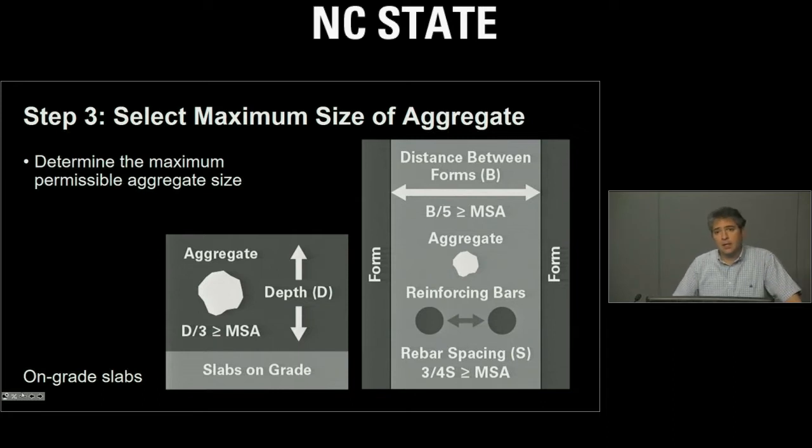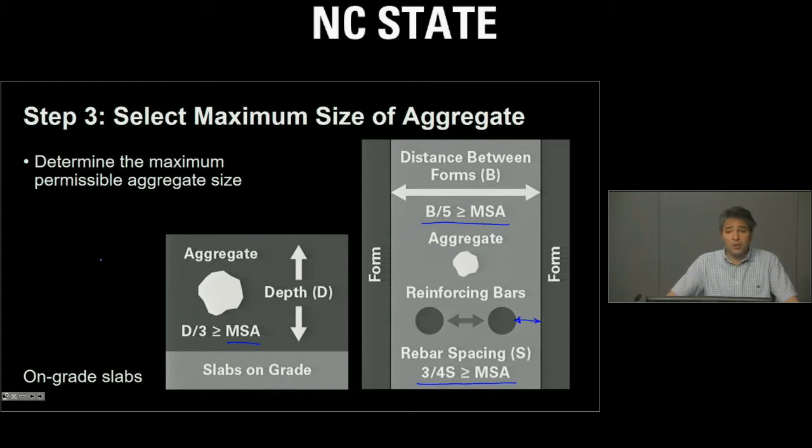In the case of the concrete that is being placed inside a form, we want to make sure that the maximum size of aggregate is smaller than 1/5 of the distance between the forms, or smaller than 3/4 of the space between the reinforcing bars, and of course the space between the reinforcing bar and the form.